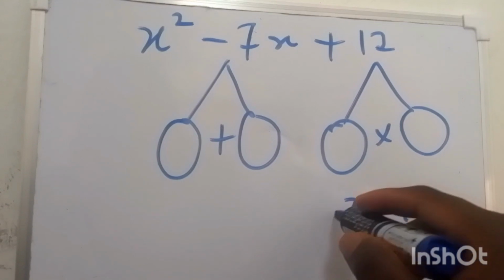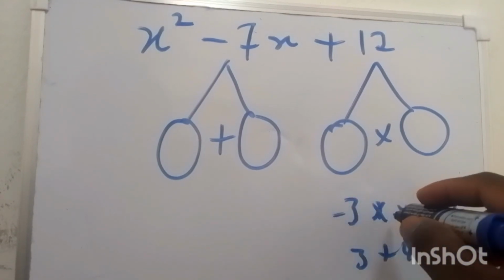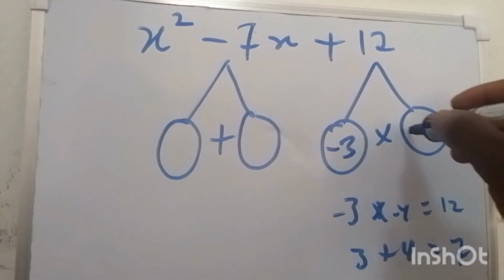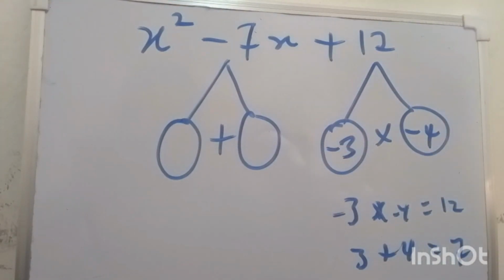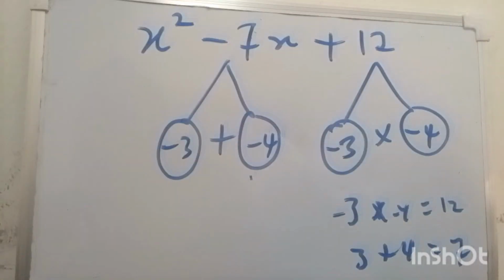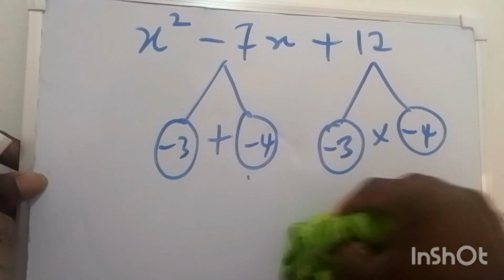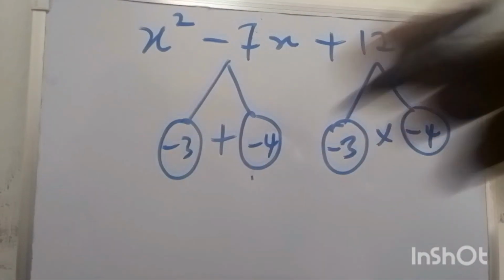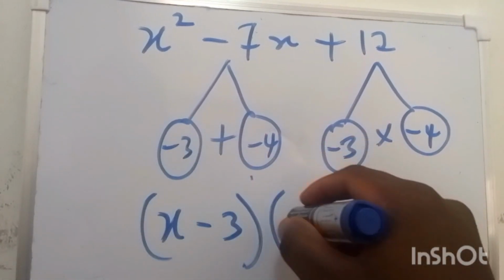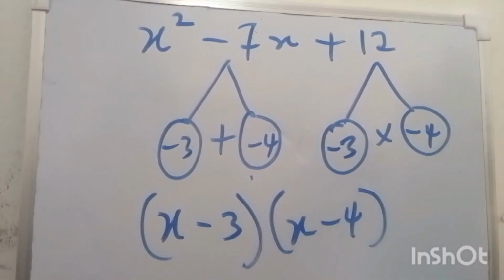So in this situation, you can introduce negatives, because negative multiplied by negative is positive. So we have negative 3, negative 4, right? And negative 3 plus negative 4 gives us negative 7. So therefore, our final answer equals x minus 3 and also x minus 4.